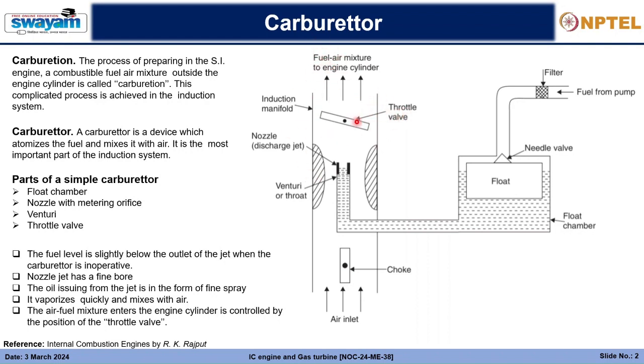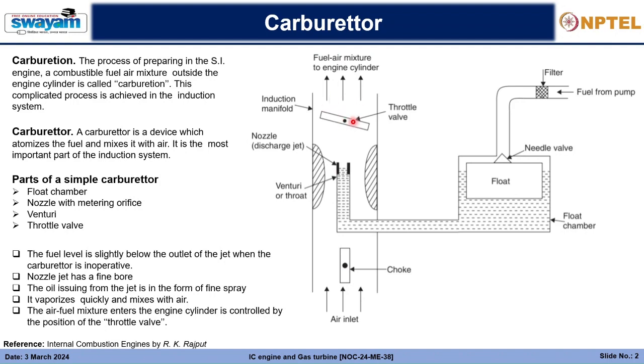That way, the throttle valve is controlled, and we actually control it with the accelerator of the bike, or if we talk about the foot pedals, that also is basically controlling the throttle valve.